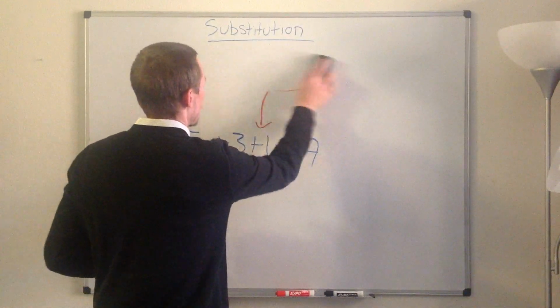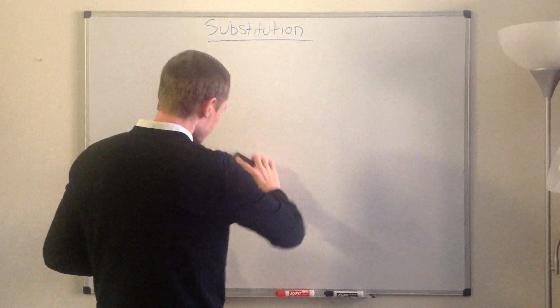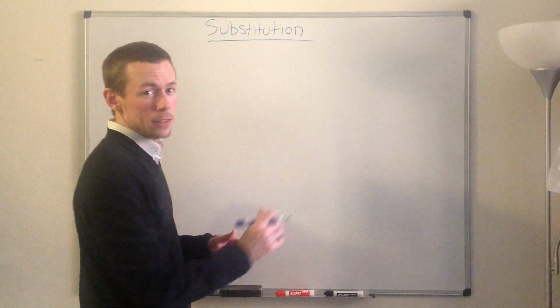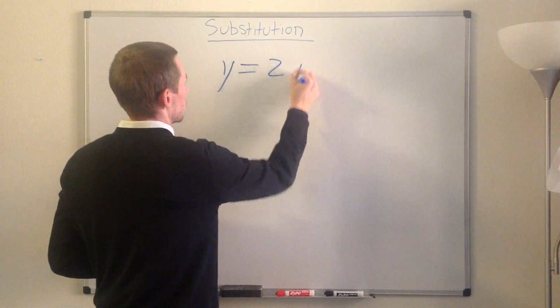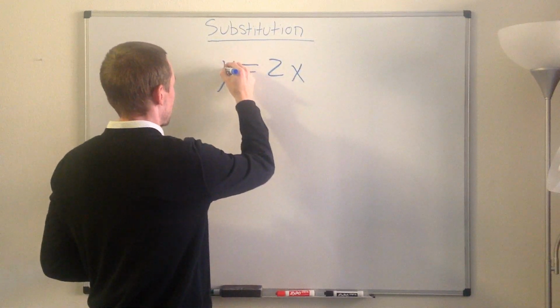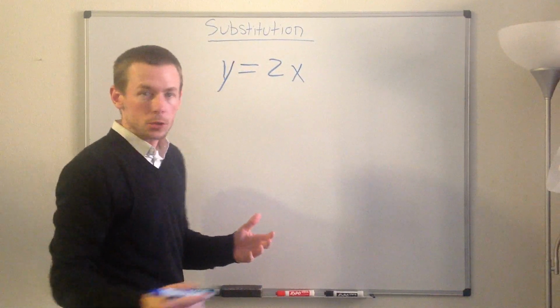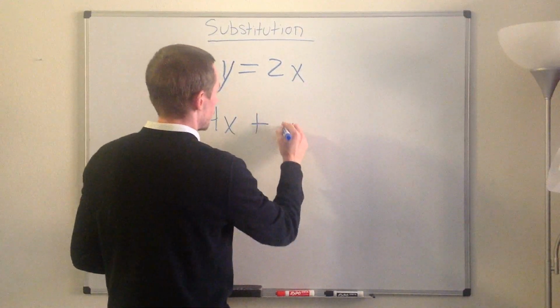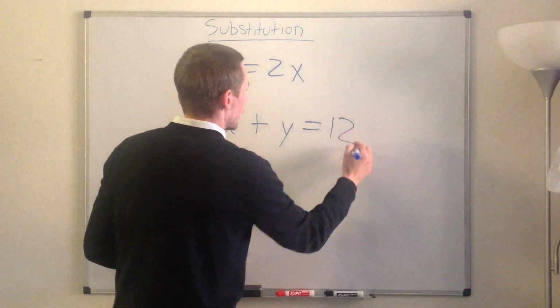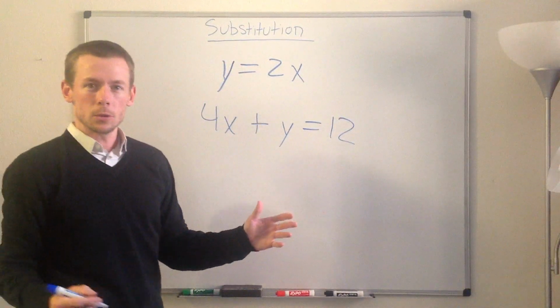So, let's say you're given these two equations here. y equals 2x and 4x plus y equals 12.